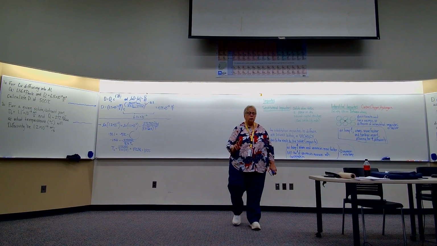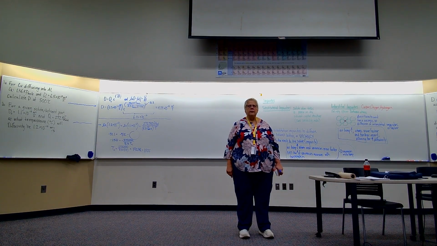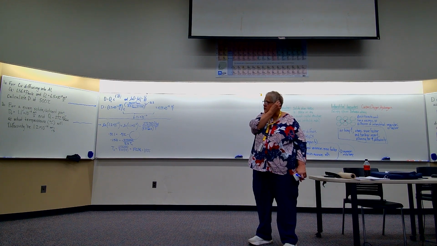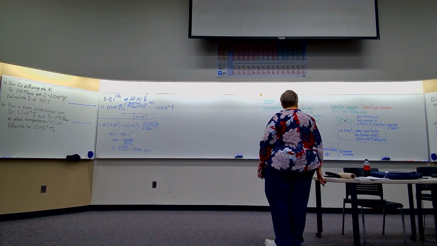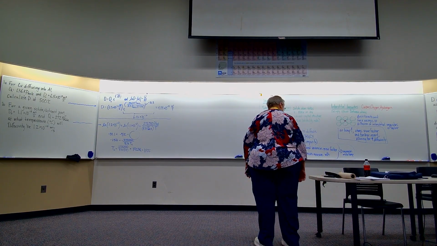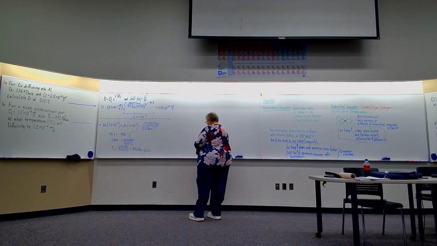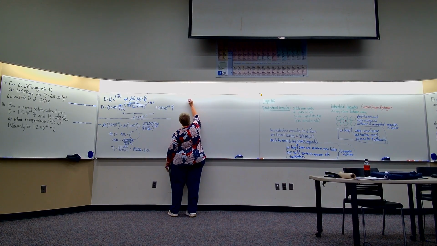If you're given two temperatures and two diffusivities, and you're asked to find D0 and Q, and sometimes a diffusivity at another temperature. So let's see. Well, I can write it down. So this is type 2.